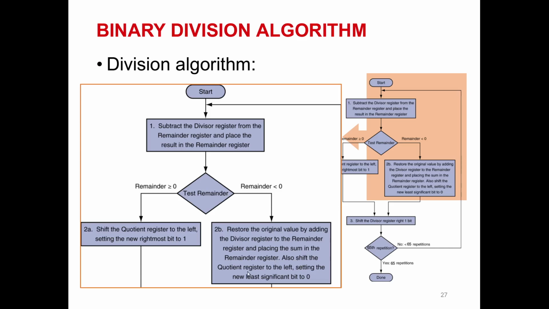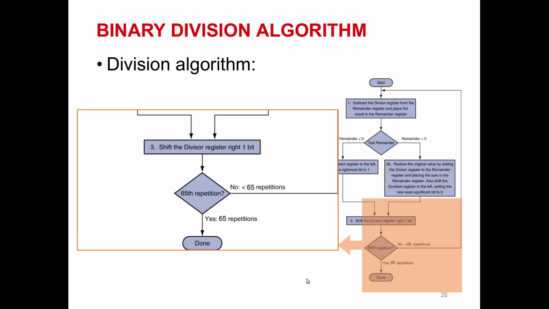You will need to shift the equation 1 bit further to the left while setting the least significant bit to 0, and you will go to the next step of shifting the divisor register to the right, and you need to check the number of repetitions. If it gets to the number of bits you expect, the execution is done. In this case, we work with 64 bits data, and so here you check whether the 65th repetition is complete or not.